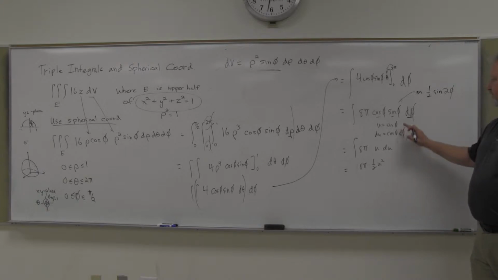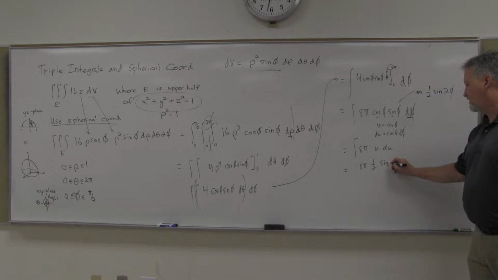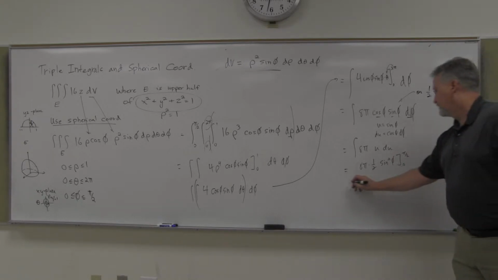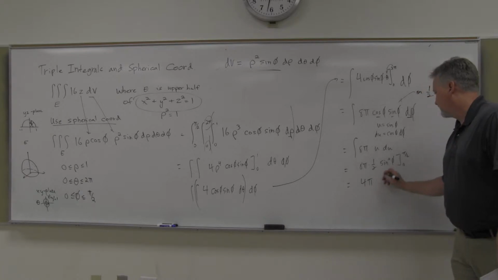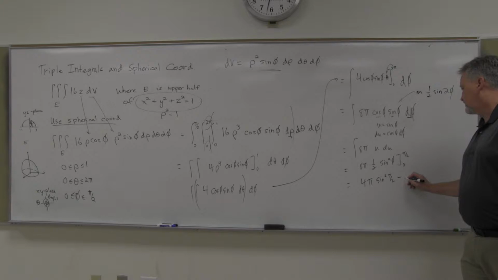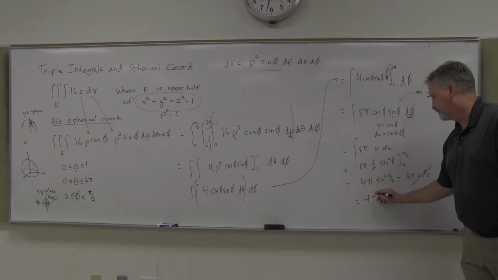But we want to evaluate it for phi, so that's sine squared phi from 0 to pi over 2, and so that's 4 pi sine squared pi over 2 minus 4 pi sine squared 0, which is 0, and sine of pi over 2 is 1, so 4 pi.